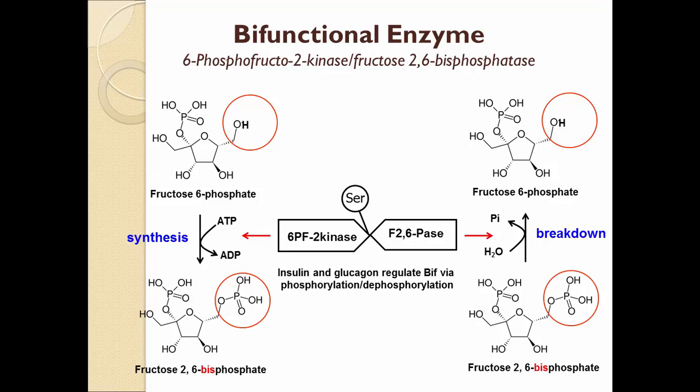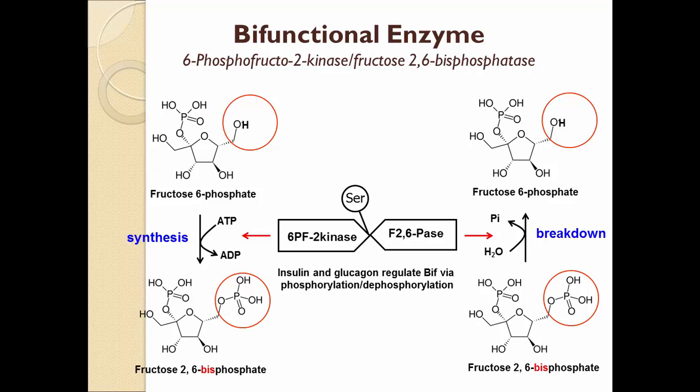But usually, for example during glycolysis, this enzyme will be increased and this enzyme will be decreased. So they kind of work together, right? But you're right, in general. So again, simply put, phosphofructose-2 kinase catalyzes the synthesis of fructose-2,6-bisphosphate, and this substrate is very important to promote glycolysis, right?